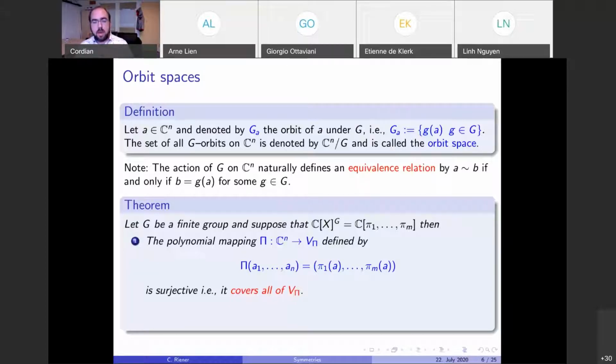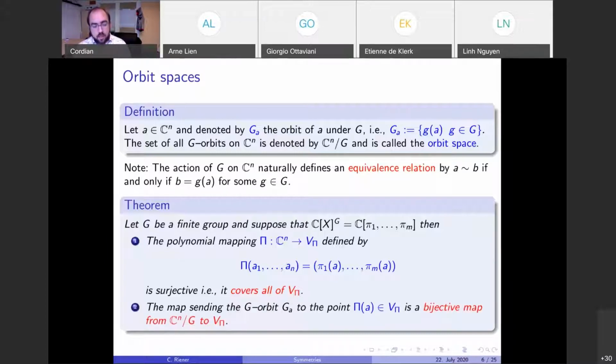So this is a map from C^n to some algebraic subset of C^m. The important part is that this map is a surjection, so it covers all of the points in the variety.